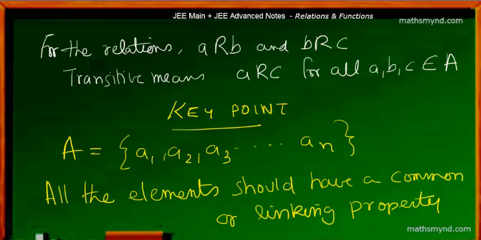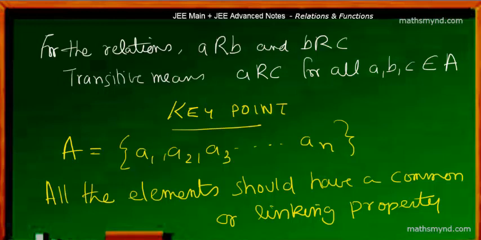Now, why can't I write it like a, b, c? The point why I have written it as a1, a2 is to indicate a common property. So here all the elements are having something common between them, and that's why when they are pairing up in ordered pairs, we can get a common relation.